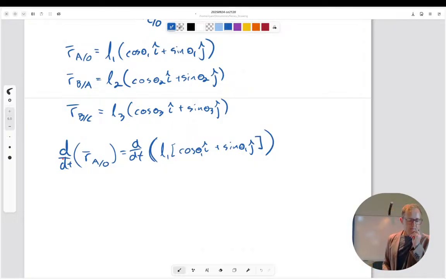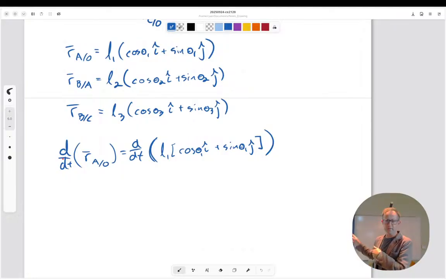I want to find the velocity of A in terms of L1 and theta 1. What I want to do is figure out how fast theta 2 and theta 3 are changing, so I need all those velocity components.